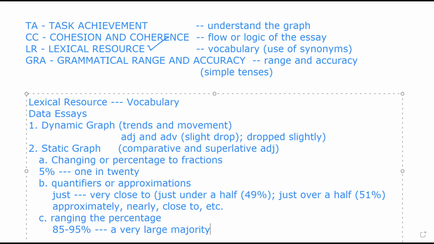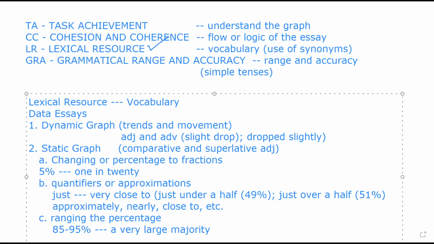And for 5 to 10%, we say a small minority. You can check this language in our IELTS training course book. So for a 5 to 10% figure, we can say a small minority of, let's say, tourists.